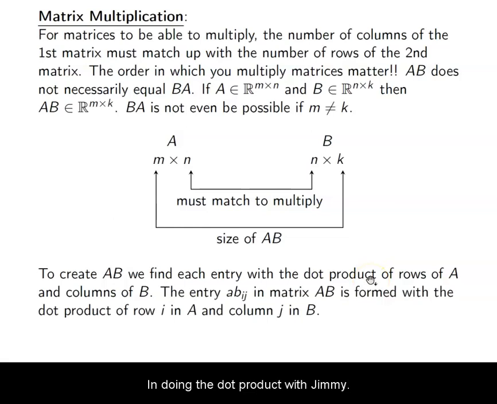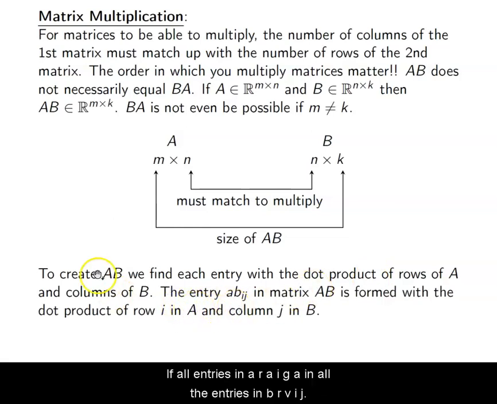And doing the dot product would give me a value out, right? So the way that this works is that if all the entries in A are A_ij, and all the entries in B are B_ij, then all the entries in AB are given by (AB)_ij, right?